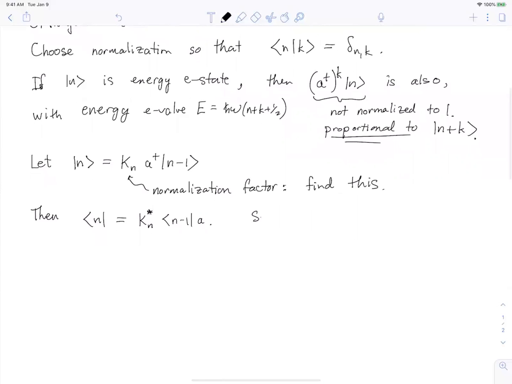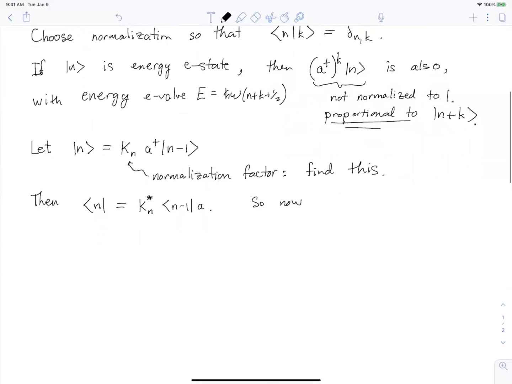Okay, and so now we can compute the matrix element of <n|n>. On the one hand, we're going to require that this be equal to 1. On the other hand, we can use the fact that this is the magnitude of k_n squared times <n-1| a a dagger |n-1>.